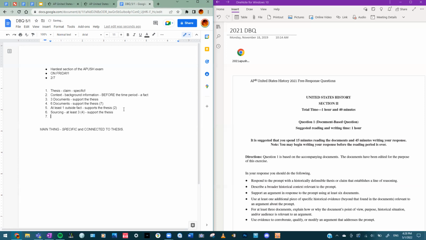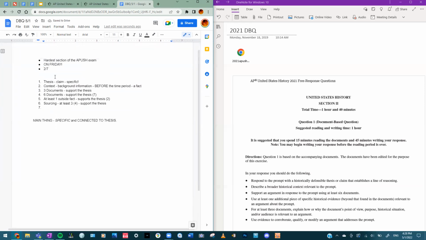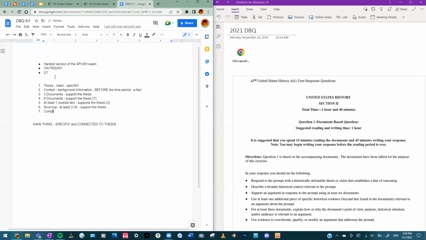So, the last thing that you can get is the complexity point. Now, something to note about this, only 2% of people get this.